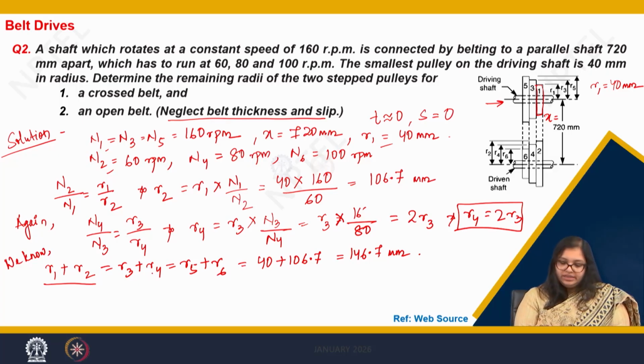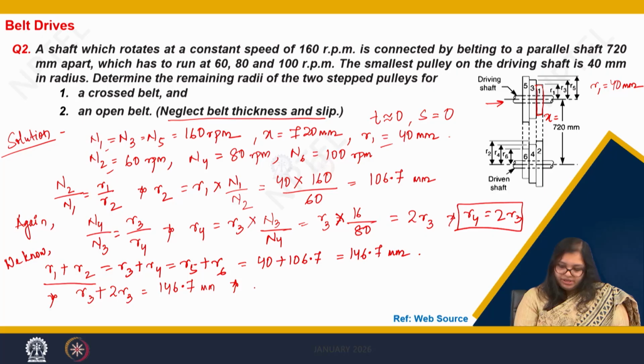Now, we know that R4 is 2 times R3. So we can write R3 plus 2R3 is equal to 146.7 mm.